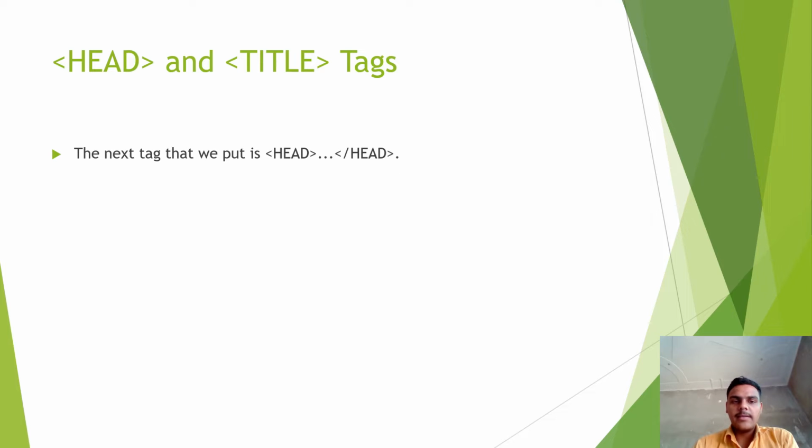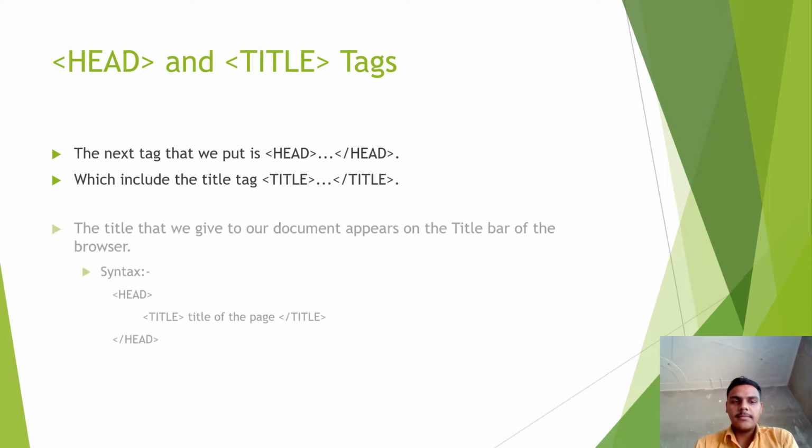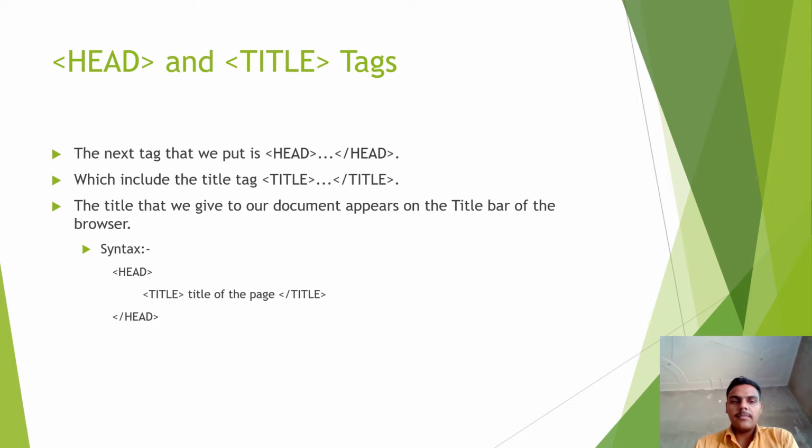The next tag that we put is the head tag after the HTML tag, which includes the title tag. The title that we give to our document appears on the title bar of the browser. The syntax of the head and title tag is as follows.